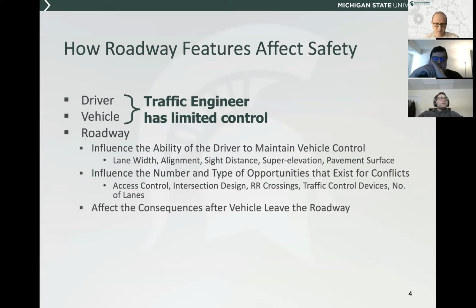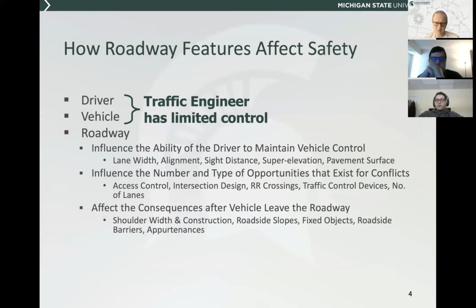Those first two categories are really circumstances where we're trying to just prevent crashes from occurring. Then, as I've talked about previously, when the crashes do occur and the vehicle leaves the roadway, we've got different types of concerns that we would deal with in those circumstances.